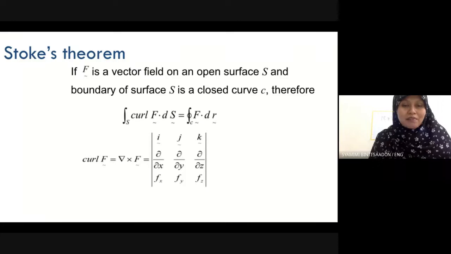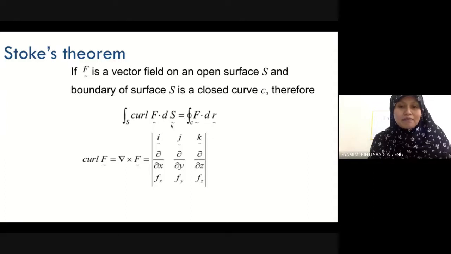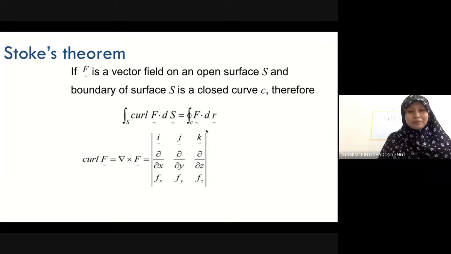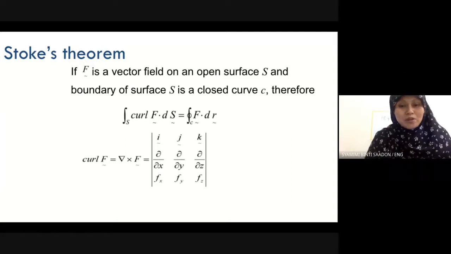Stokes theorem says that if F is a vector field on an open surface S and the boundary of surface S is a closed curve C, then we have this theorem: the curl of F, remember curl F is the cross product, integrated over dS on surface S, equals the dot product of F along the curve C. Okay, so that is what Stokes theorem says.